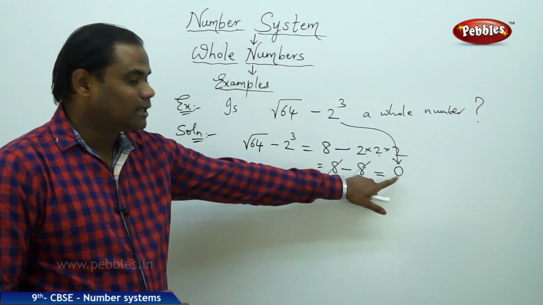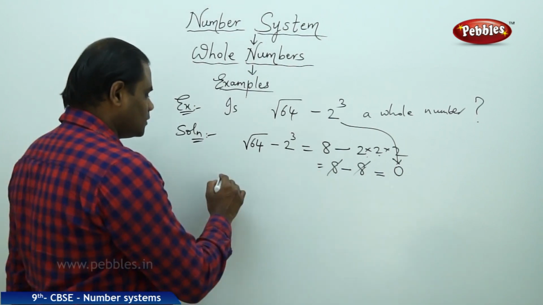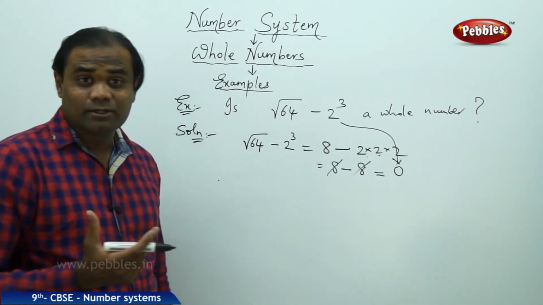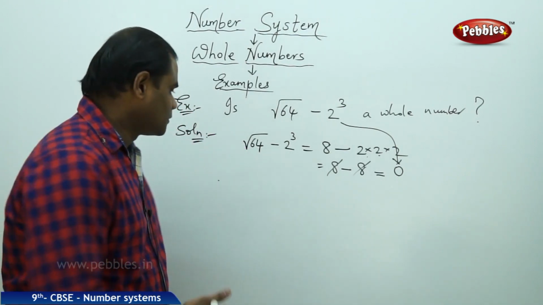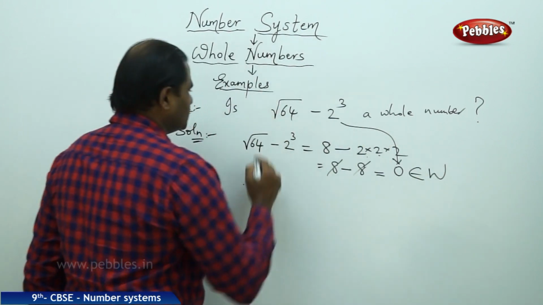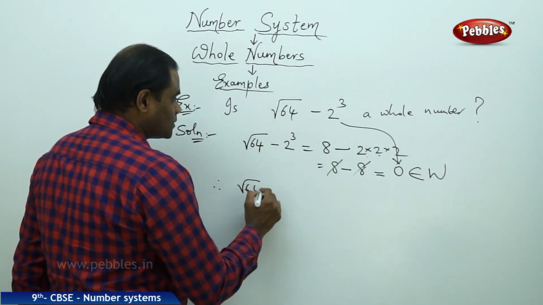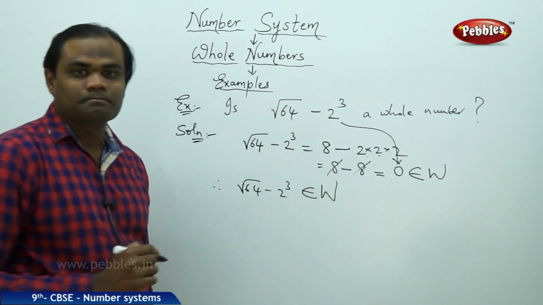So 0 is a whole number, as we clearly know that the set of whole numbers starts from 0, 1, 2, 3, etc. Therefore, this belongs to whole numbers, that is, indirectly √64 minus 2 cube is a whole number.